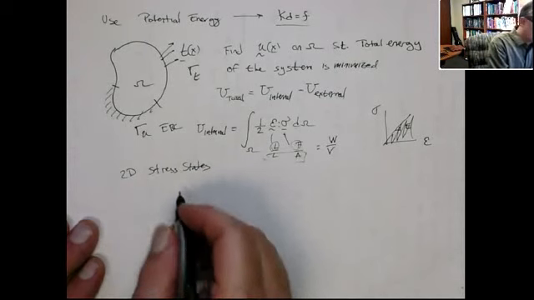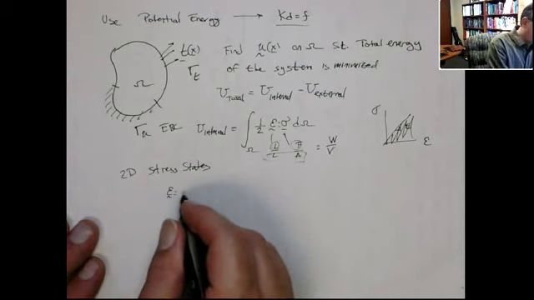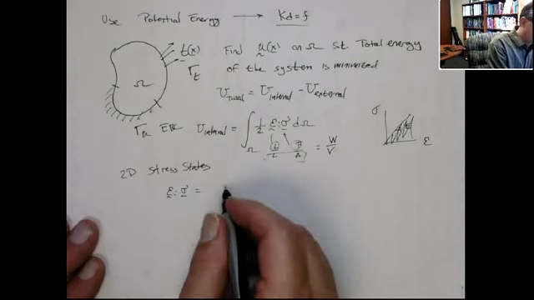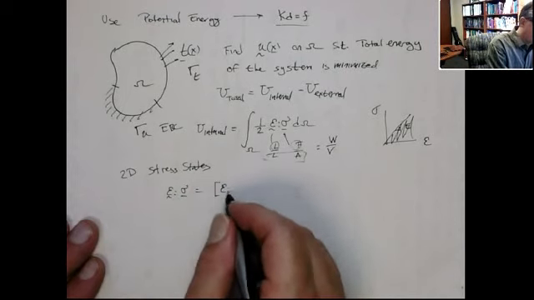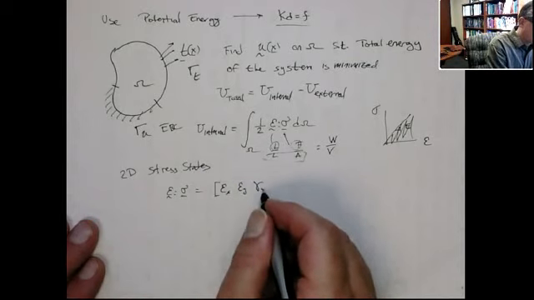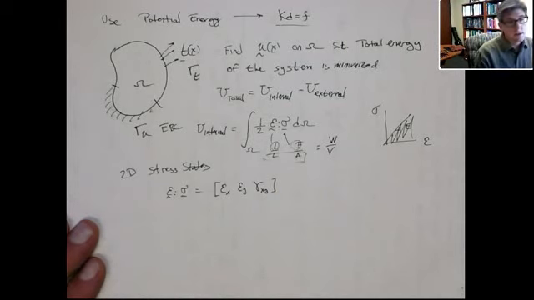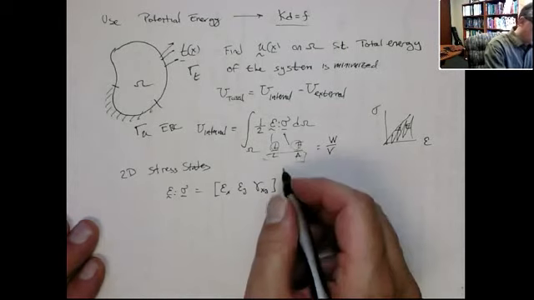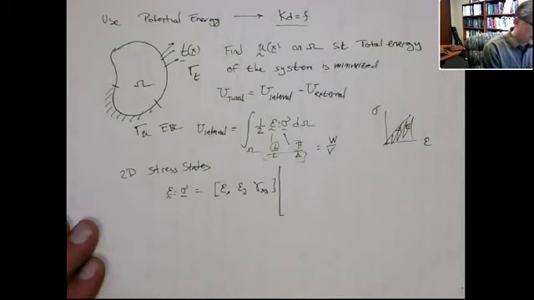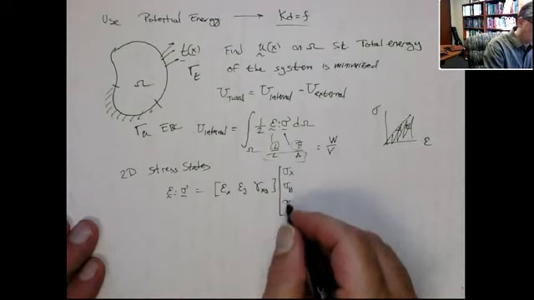And in that case, we can write this strain double contracted with the stress as follows. The strain components are written in a row vector, okay? The normal, and then the engineering shear strain dotted with the stress components in a column vector. So that's sigma x, sigma y, and then tau xy.